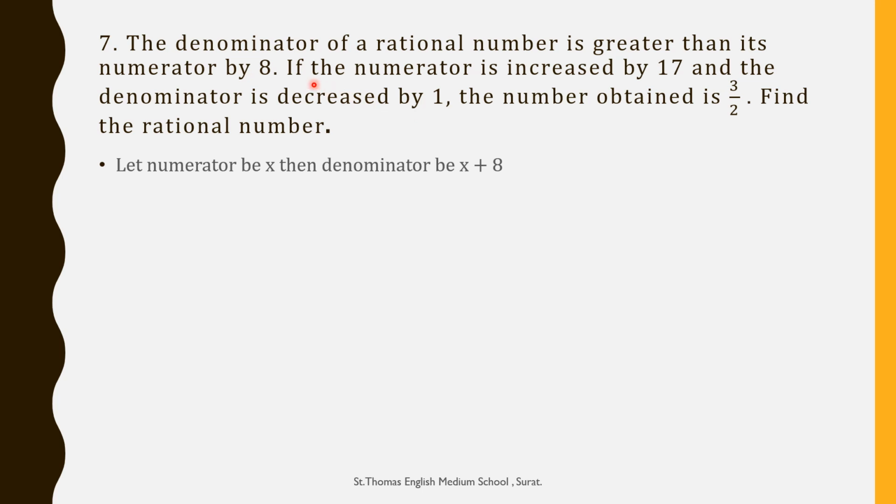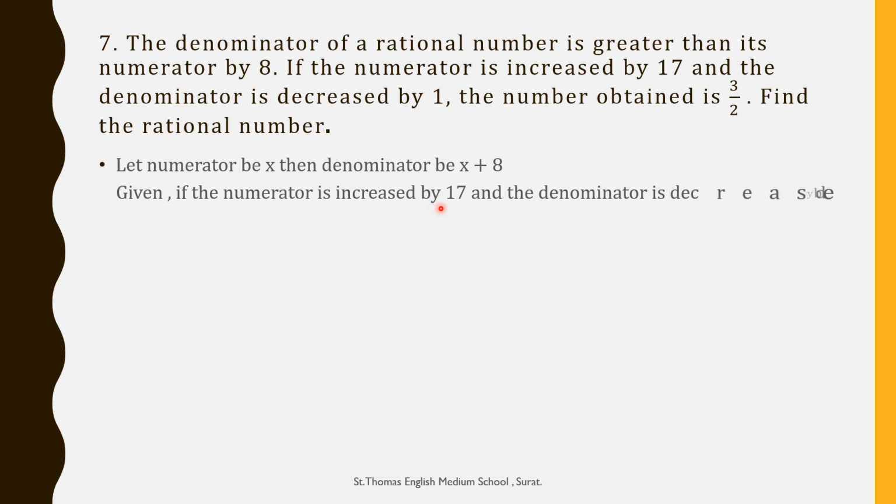Now read the question again. If the numerator is increased by 17, what is the meaning of increased? Plus. Numerator is x. Increased means plus. So x plus 17. And denominator is decreased by 1. Decrease means minus. And that is x plus 8 minus 1. So right. Given if the numerator is increased by 17 and the denominator is decreased by 1, the number obtained is 3 by 2.